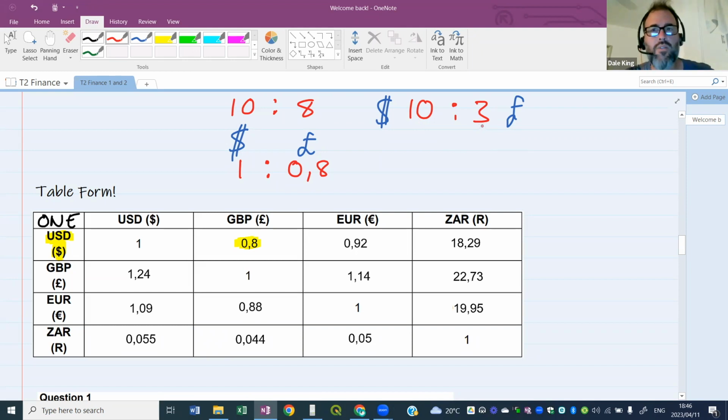He's only pulling out 3 pounds out of his pocket to get $10. It's only when the number on the right, the pound, is at 10 that the currencies are the same strength. When the British person wants $10 and has to pull out 12 of his pounds to get $10, now that pound isn't as strong anymore. Now the US dollar is actually a little bit stronger.